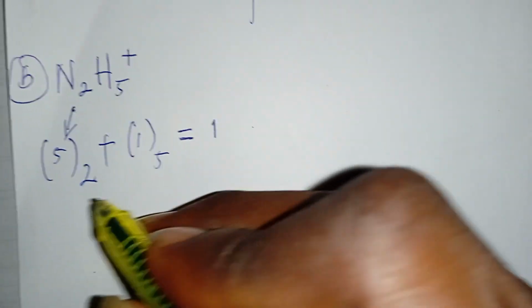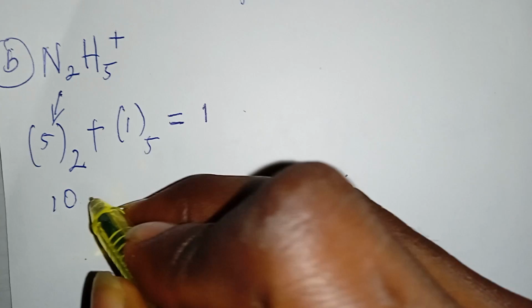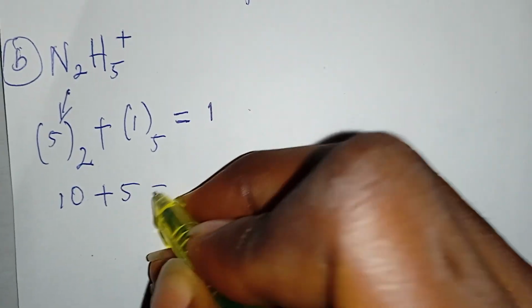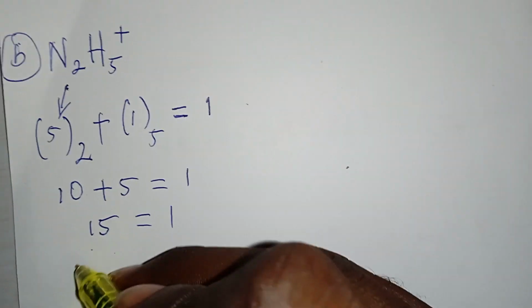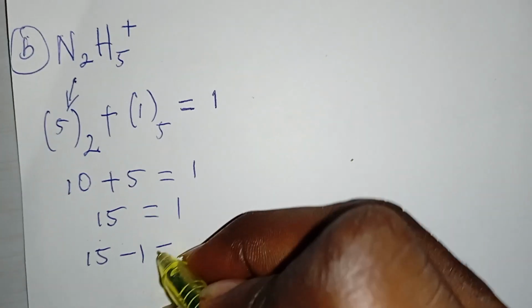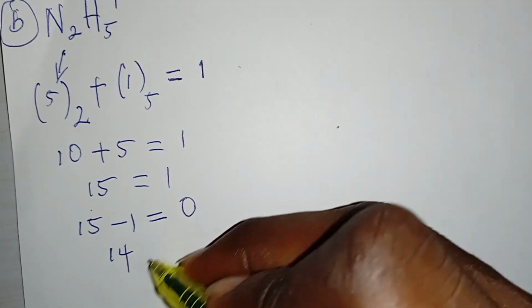So I now have 10 plus 5, which is 15, and 15 minus 1 equals 14 electrons.